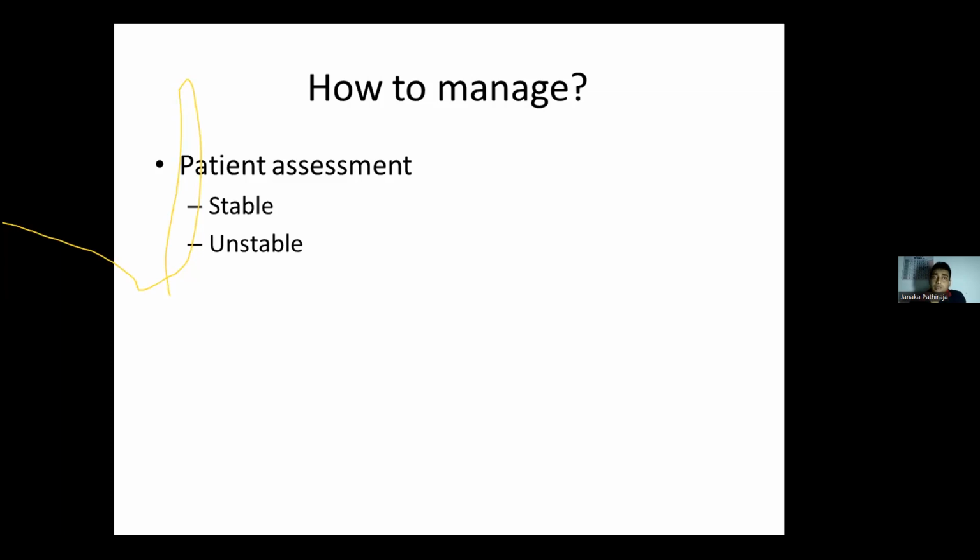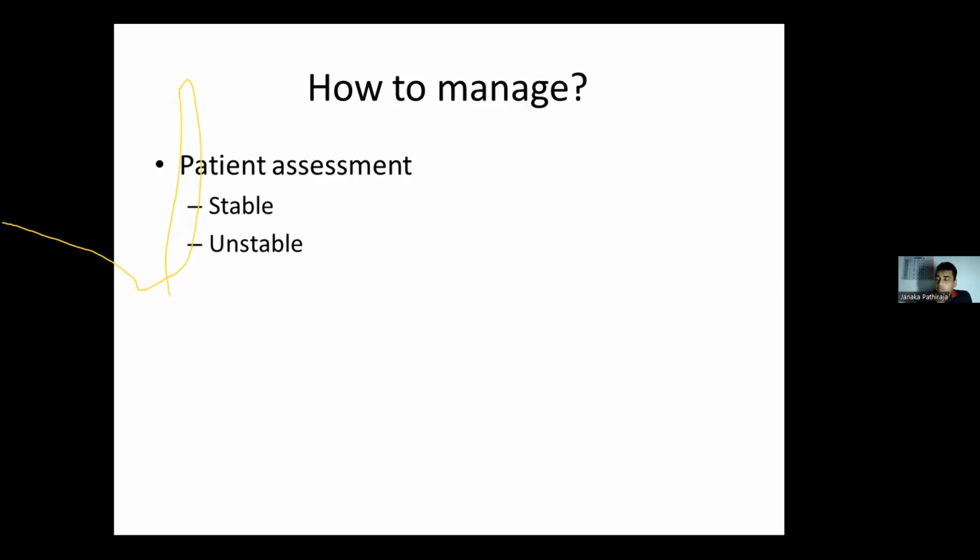You may be in the OPD, the ETU, the CCU, the cardiology ward, or the clinic. At any place, if somebody comes with a bradycardia presentation, you have to decide whether this patient is stable or not. That is the most important decision, because your management and investigation depend on it.